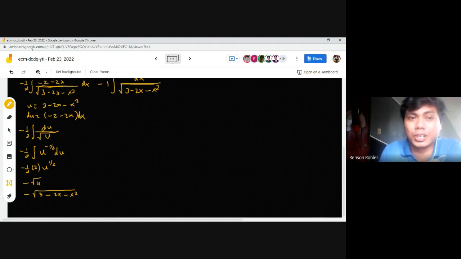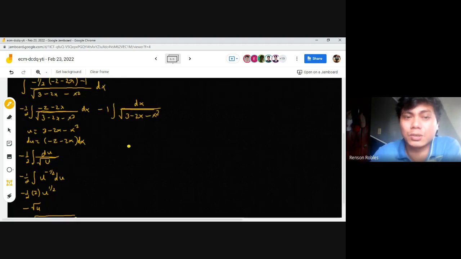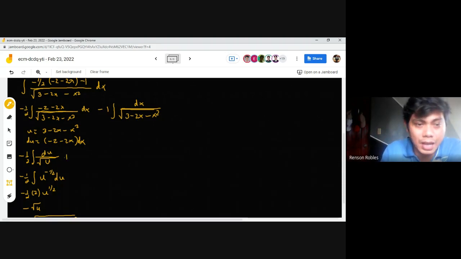For the second term, magko-complete tayo ng square sa loob para maging arc sine. Plus dx all over, I will factor out negative 1. Okay? And then this negative x squared will become positive x squared. This negative 2x will become positive 2x. And this positive 3 will become negative 3.